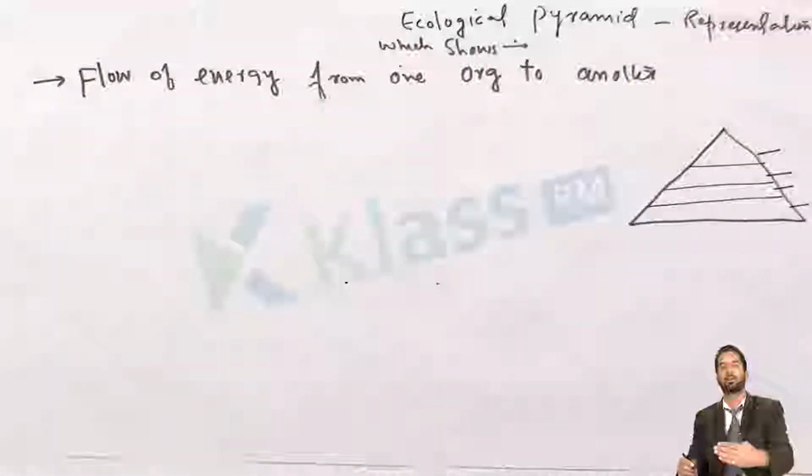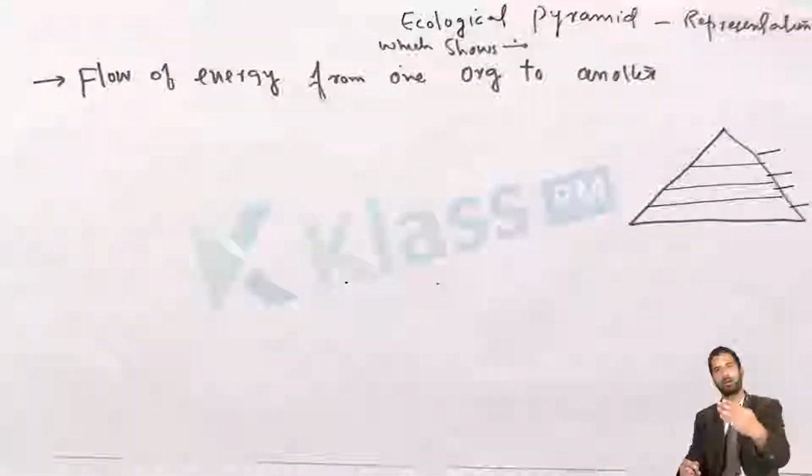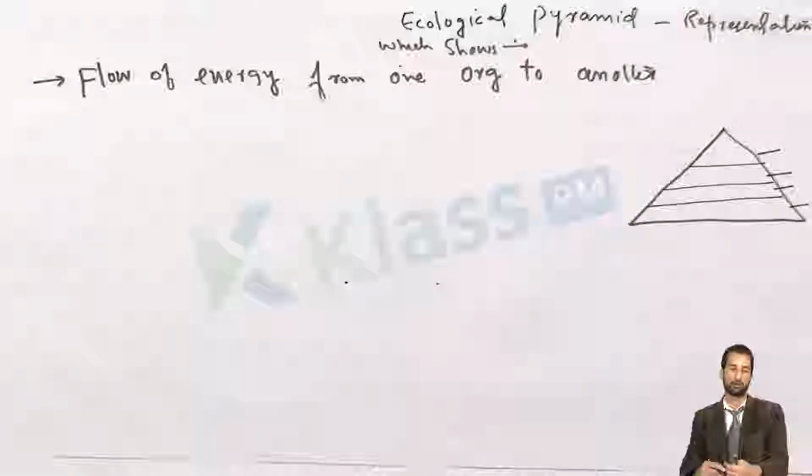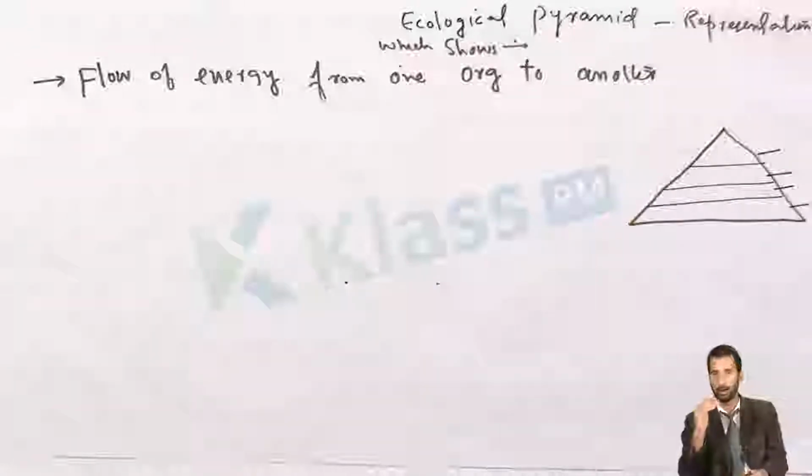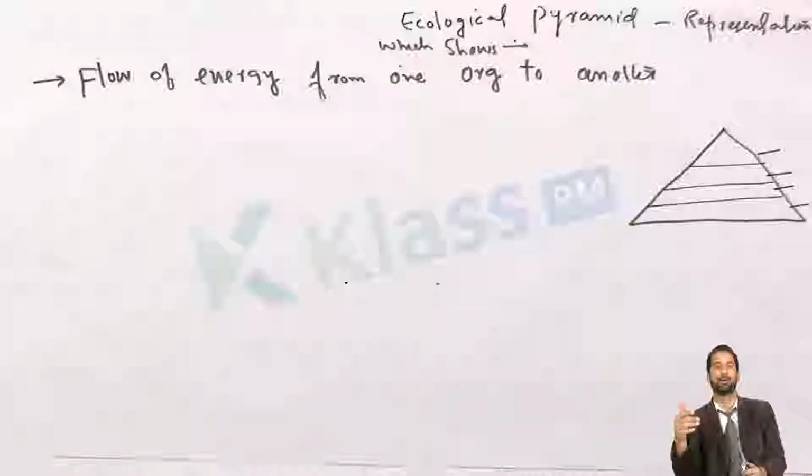So this is the graphic representation of the flow of energy from one trophic level to another. Let me discuss one by one how many trophic levels there may be, how the energy is transferred from one trophic level to another, and accordingly how the different types of pyramids exist in nature.